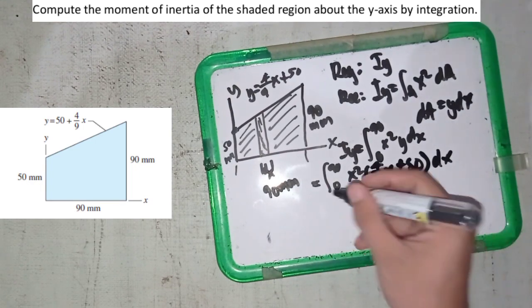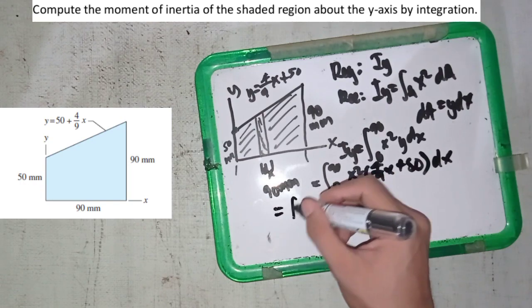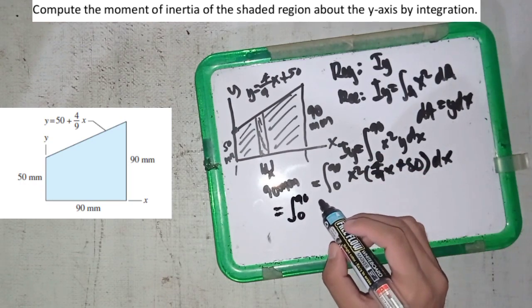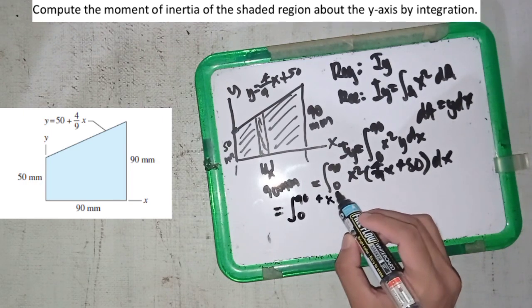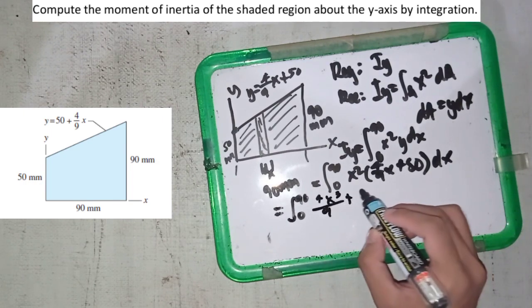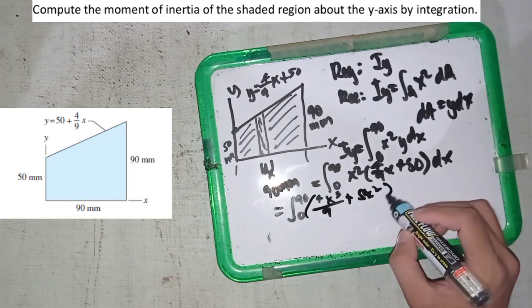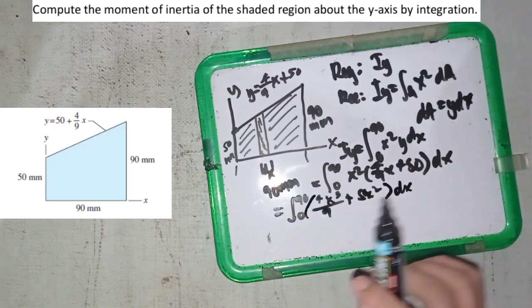Now we can distribute this, and this will be the integral from 0 to 90 of 4x cubed over 9 plus 50x squared dx.